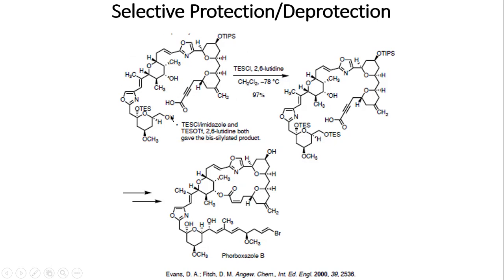But your alcohol right here, you can treat it with TES chloride, 2,6-lutidine, and you do. Once again, the selectivity is also going to be dependent on the temperature. At low temperature, if you've got a competitive process, the lowest energy process is probably going to be faster. That's going to be your kinetic product, right? And if you look at this secondary alcohol, it's really sterically encumbered.